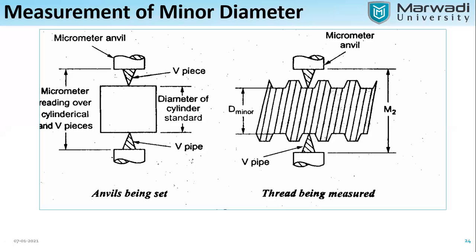There are two methods by which we can measure the internal diameter. One is the taper parallel, and the second is the roller method. Then we went through the internal diameter measurement by means of the setting gauge method of the micrometer.